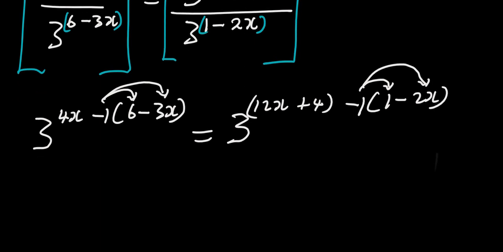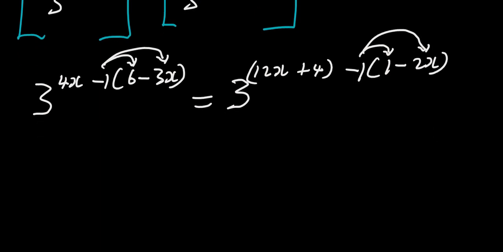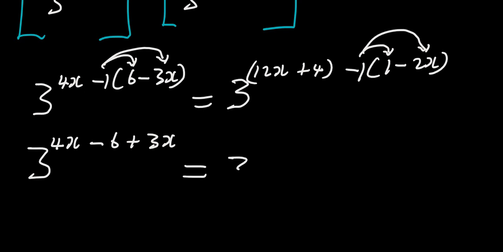So when we do that, then this will become 3 exponent 4x. So negative 1 times 6 is negative 6. Negative 1 times negative 3x is positive 3x, equal 3 exponent 12x plus 4. So negative 1 times negative 1 is going to give us negative 1.